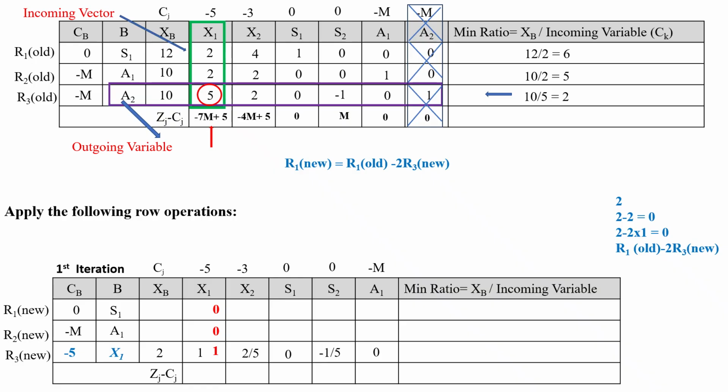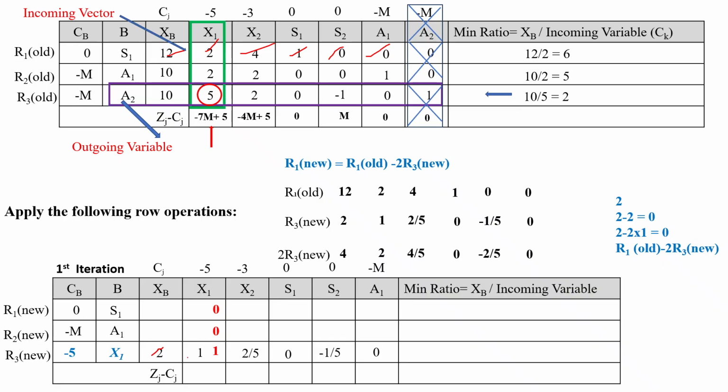Next row operation is the R1 new equal to the R1 old minus 2 R3 new. So first write down the R1 old elements, that is the 12, 2, 4, 1, 0, 0. Next R3 new elements are the 2, 1, 2 by 5, 0, minus 1 by 5, 0. Then 2 R3 new is the 2 into 2, 4, 1 into 2, 2, 2 by 5 into 2, 4 by 5, 0 into 2, 0, minus 1 by 5 into 2, minus 2 by 5, 0 into 2, 0.